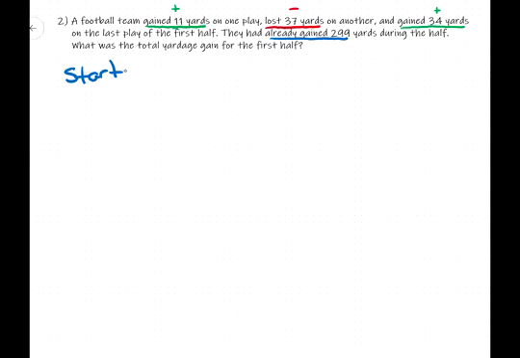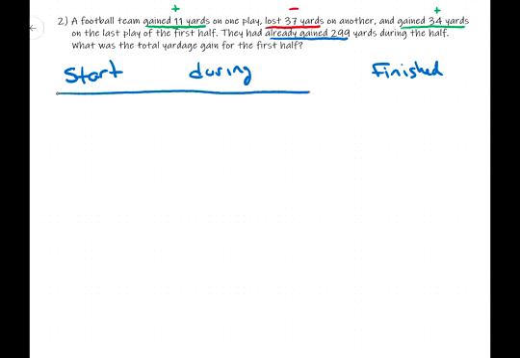So let's say start, finished, and let's say during. You could label this however you want. And again, this is how I like to do problems. I like to actually write everything out because, again, I am a very visual learner.